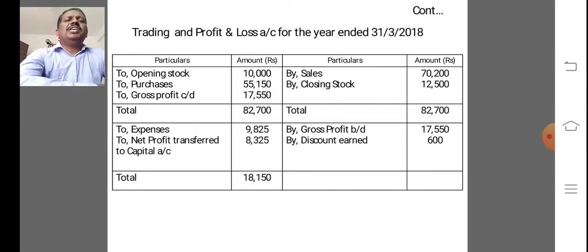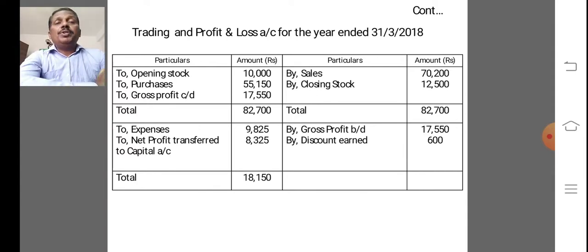To purchases 55,150. By credit sales 70,200. By closing stock 12,500. Credit side total is 82,700. The difference is called gross profit.